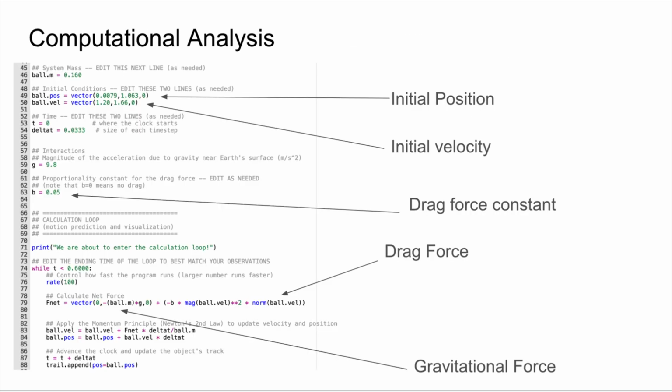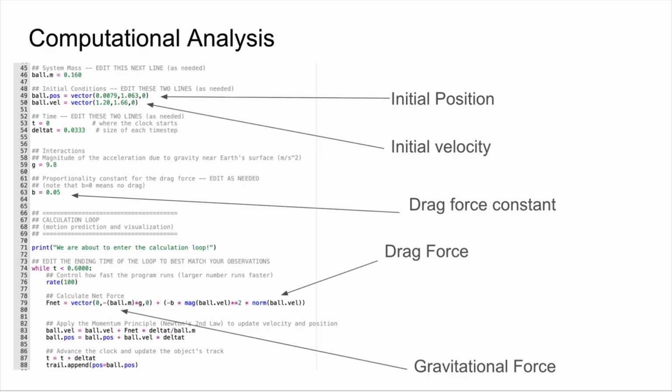In my computational analysis, you can see I have my initial position on line 49, and right under that I have my initial velocity to initialize the GlowScript model. Then I have my delta t right under it, and I also have g, which is 9.8 and constant, and then my drag force constant, which I manipulated in my second computational model.